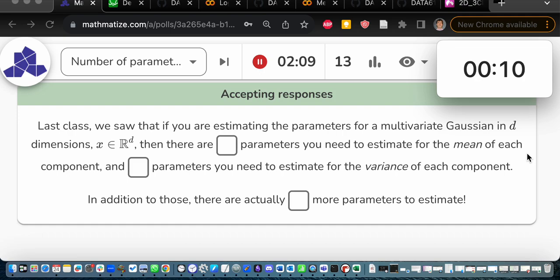Okay, 10 seconds left. Put in your guesses on is it d times d minus 1 or is it d times d minus 1 divided by 2? And we'll see if there's a consensus.